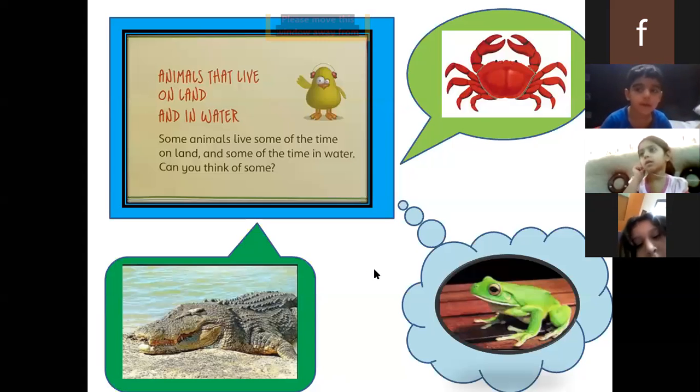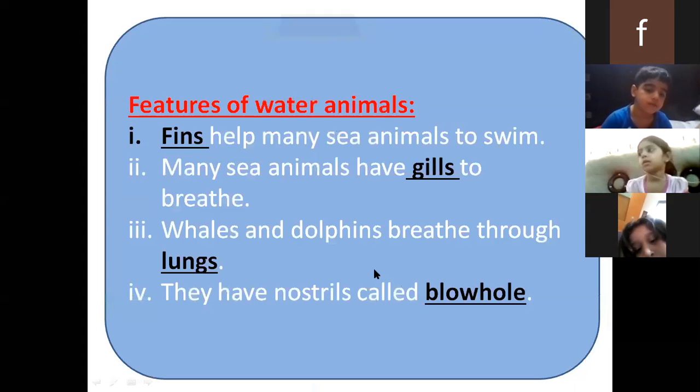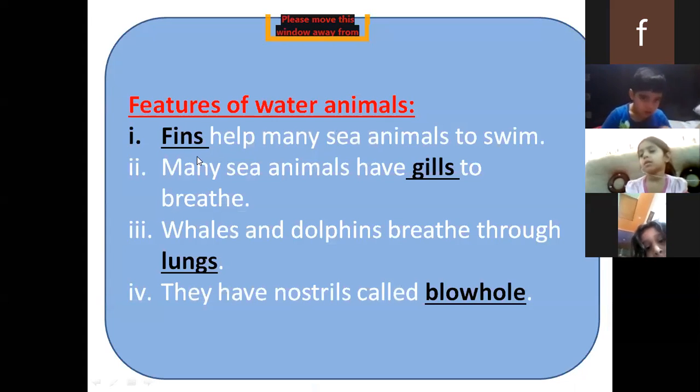Okay, now let us go through some of the features. Now please focus on the screen, all of you. Features of water animals. Fins help many sea animals to swim. Now, which organ helps these sea animals to swim? Yes, it's fins.